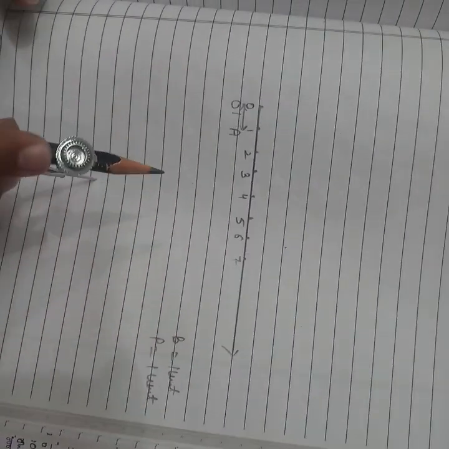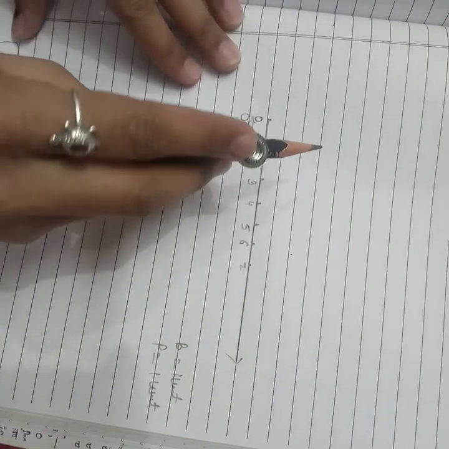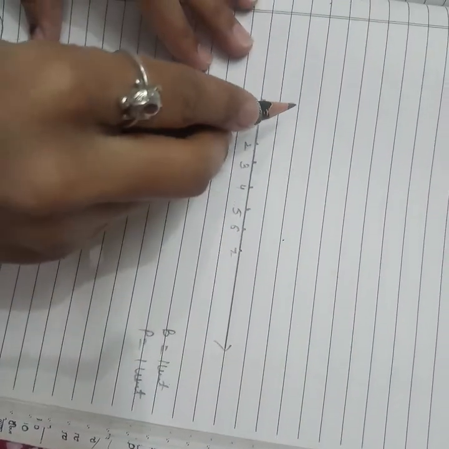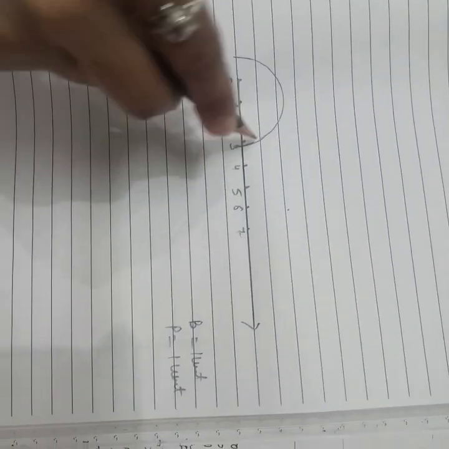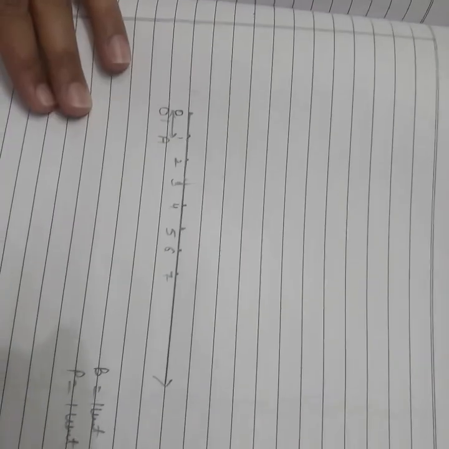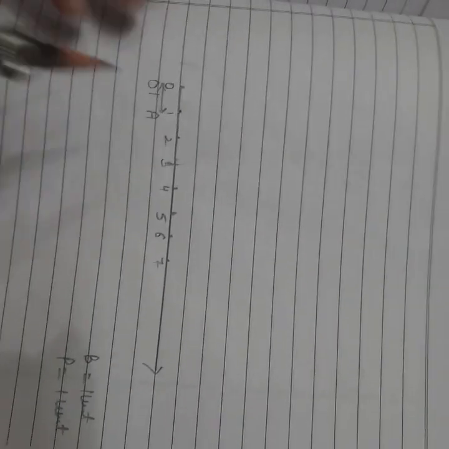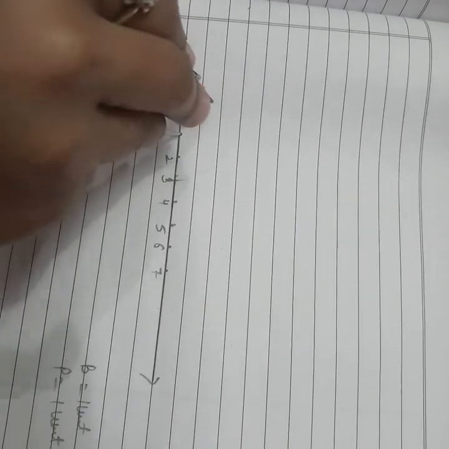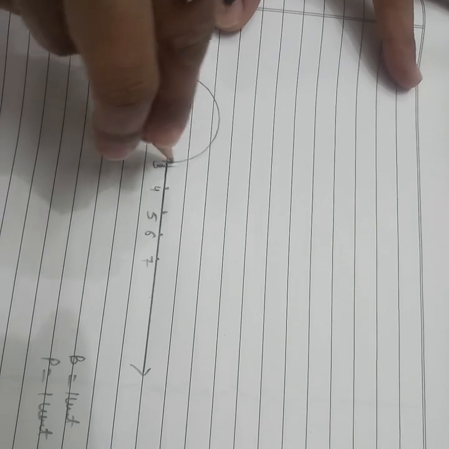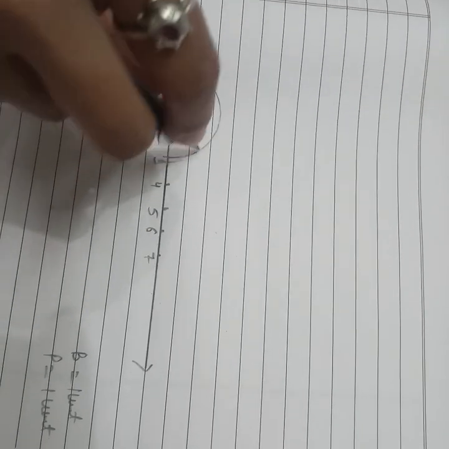For the perpendicular, first we draw an angle of 90 degrees at point A. First we draw an angle of 90 degrees. You can draw it with the help of a compass or with the help of a protractor.